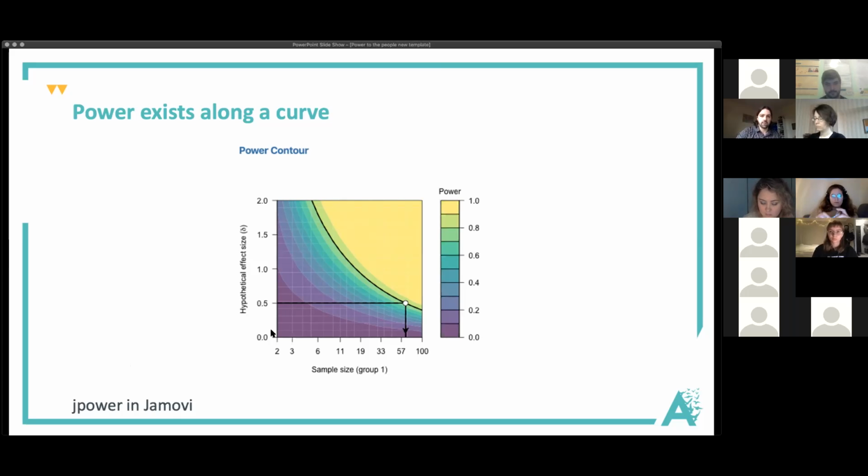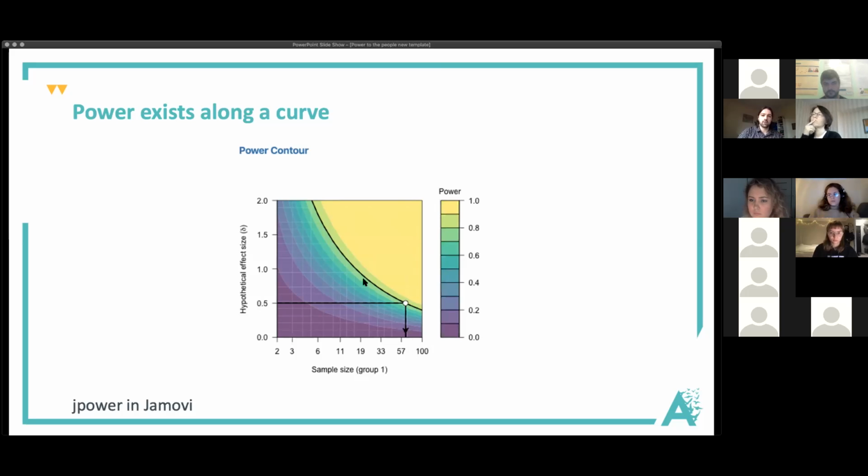You can see that for an effect size of 0.5, around the yellow area, just where it's turning green, that would be where 80% power is. And we can see for 80% power to detect an effect size of 0.5, you need 64 participants.